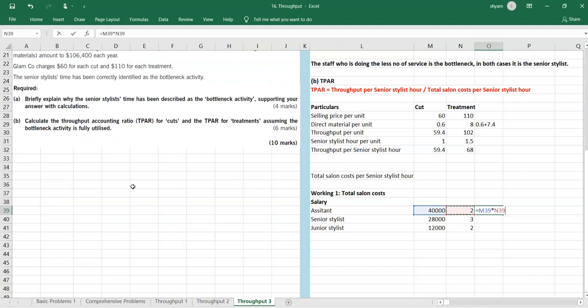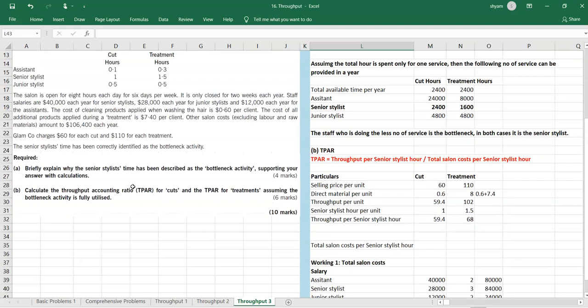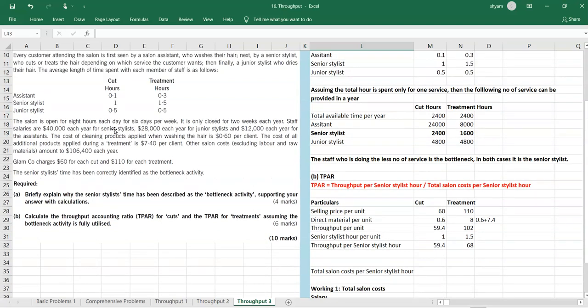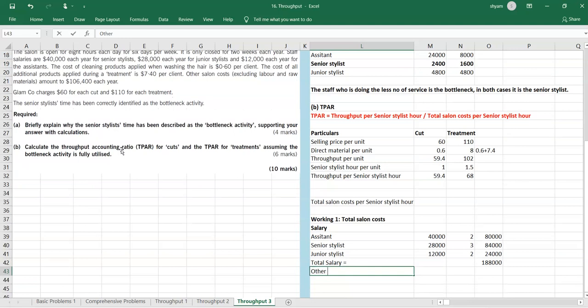So let's get the total salary. Thereafter we have to add the other salon cost, which is 1,06,400.